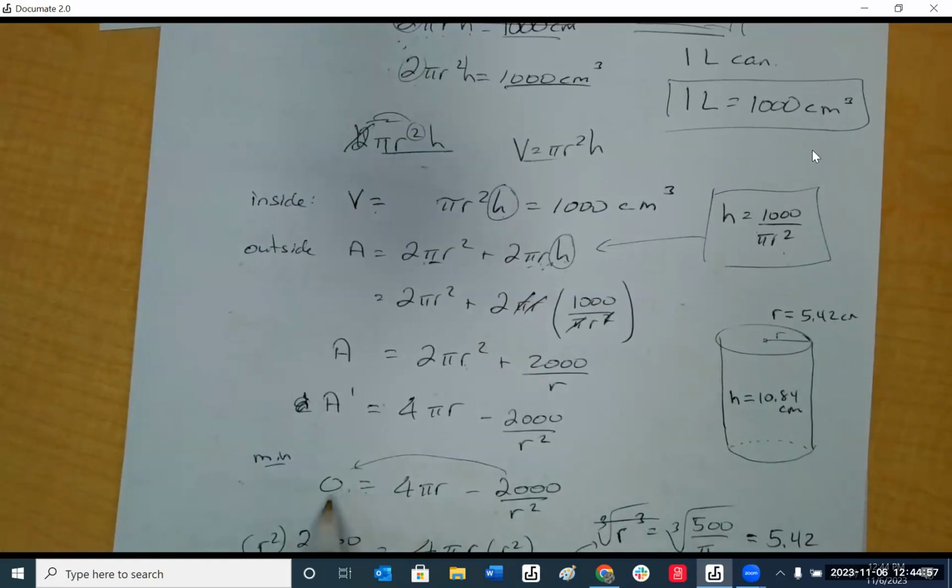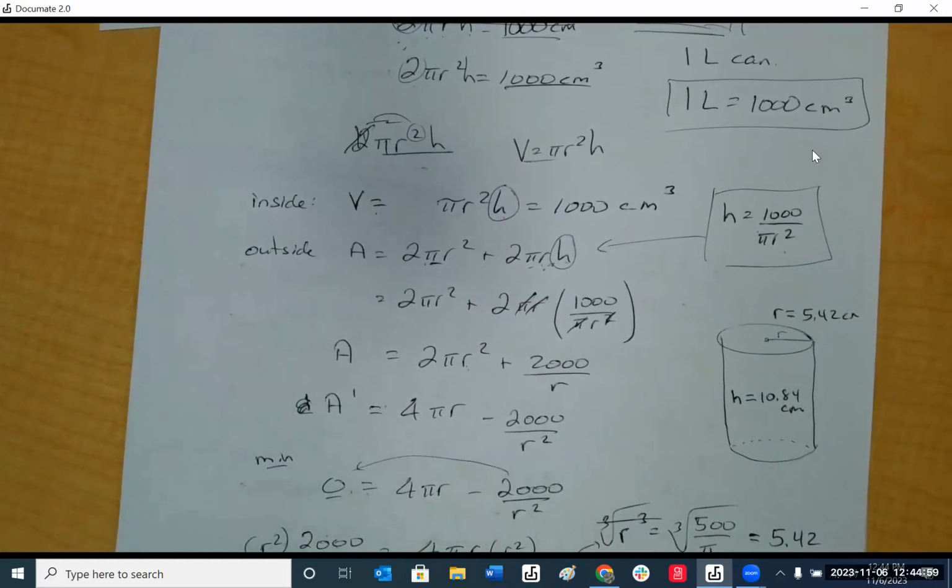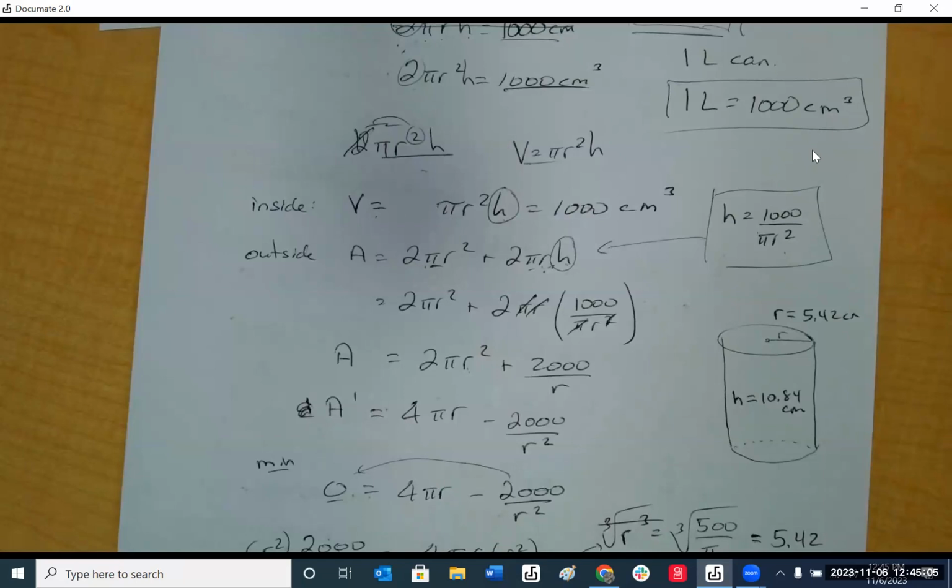And we found the minimum by setting the derivative equal to 0: 4 pi r minus 2000 over r squared. So the optimal thing in this one is we have to eliminate all the variables, go down to only one, so we can solve for r.